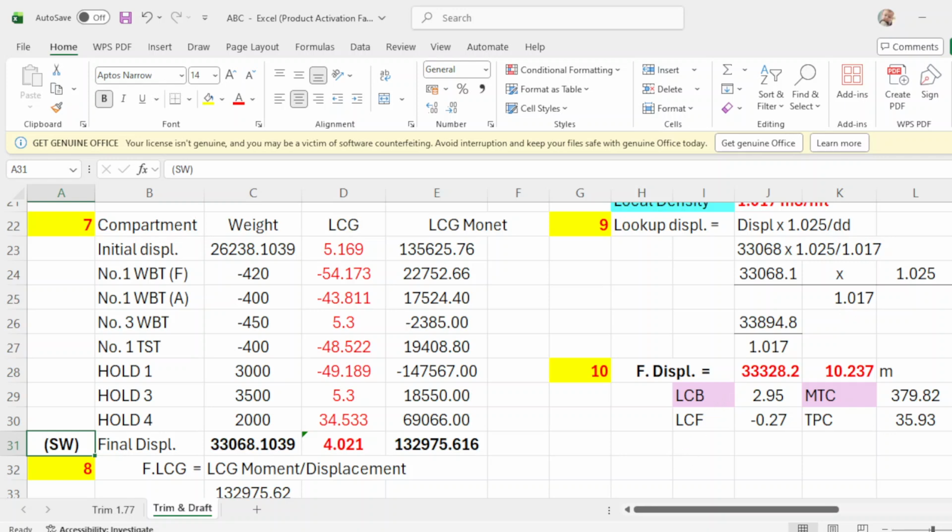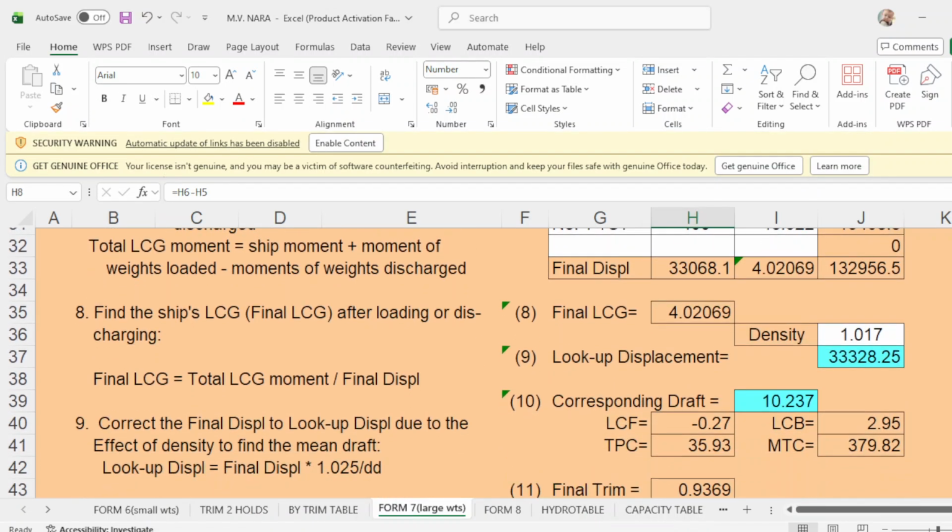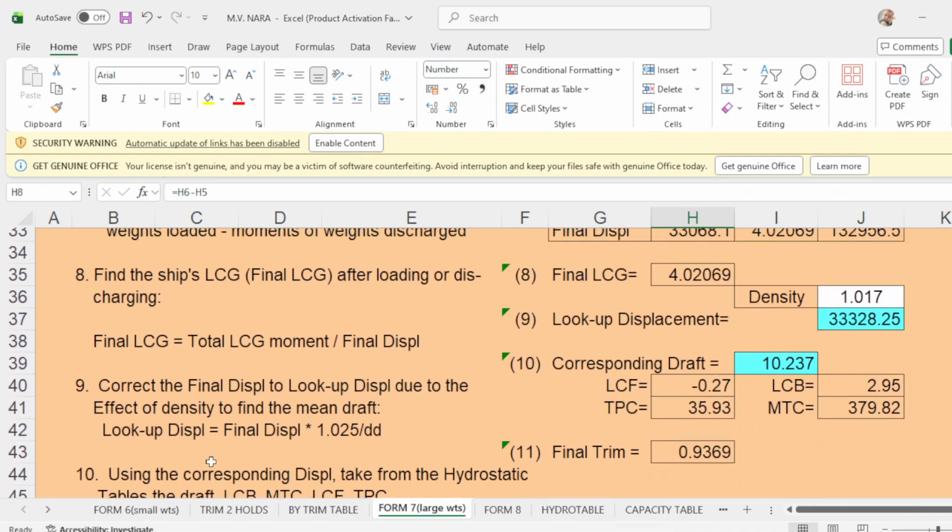And number 9, it says here: correct the final displacement to look up due to the effect of density to find the mean drop. Look up displacement, final displacement times your salt water over your local displacement. And number 9 would be 33328.25. Okay, you apply this density.